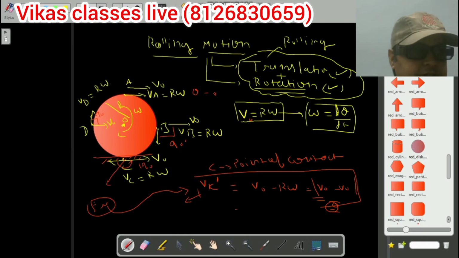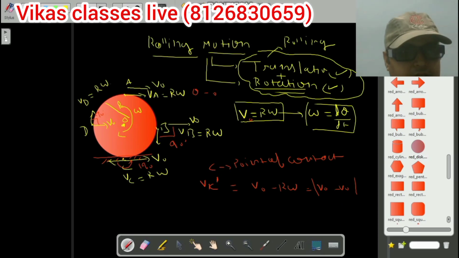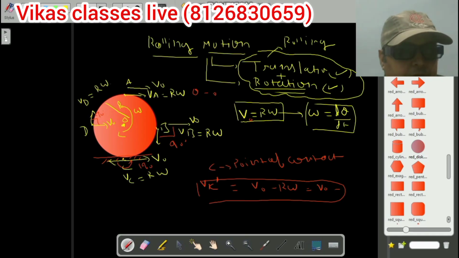Now what is next? Rest is nothing. It's quite easy now, because we have already discussed the resultant velocity at point C, which is 0, the no slip condition. At point A, the angle is 0 degree. Add all this: v naught plus r omega.